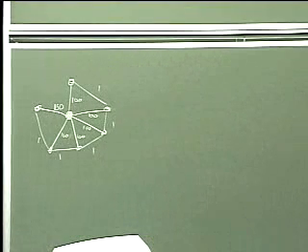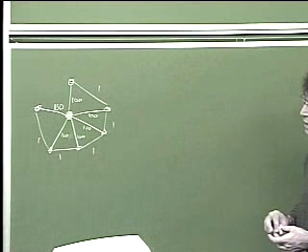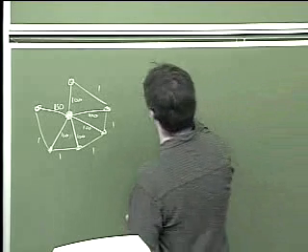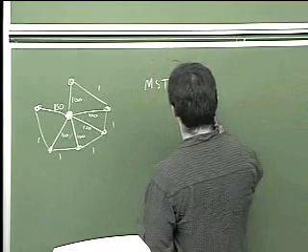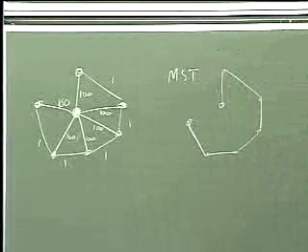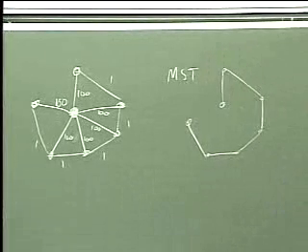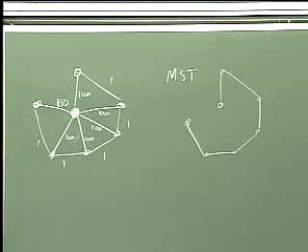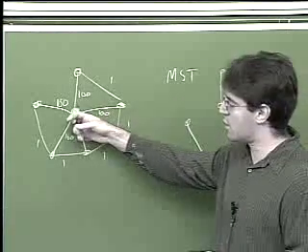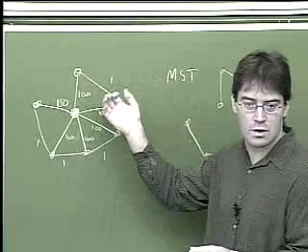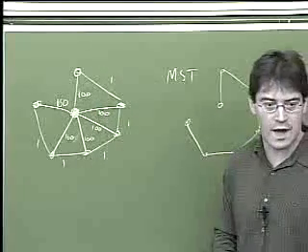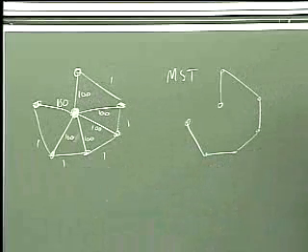Okay, here's a graph. What does a minimum spanning tree look like for this graph? The minimum spanning tree looks like this. I have one edge of weight 100 and all the other edges are weight 1. You see it's a minimum spanning tree. There's no other way to connect this middle node to the other nodes without using an edge of weight 100, and obviously I want to avoid using two of them if I can. So I use all the other edges of weight 1.